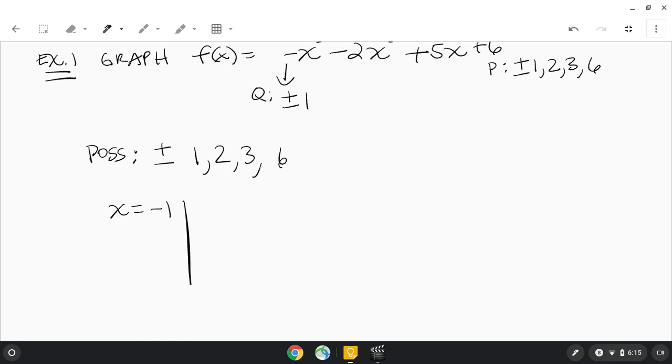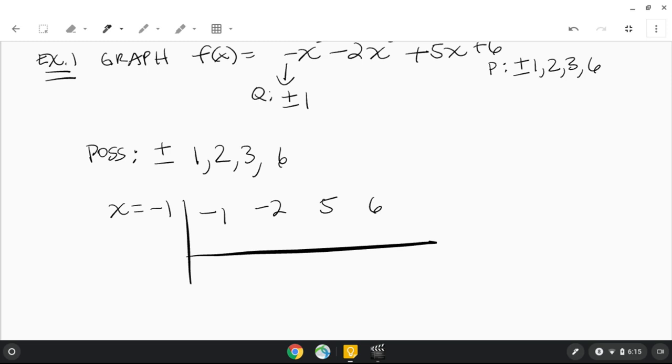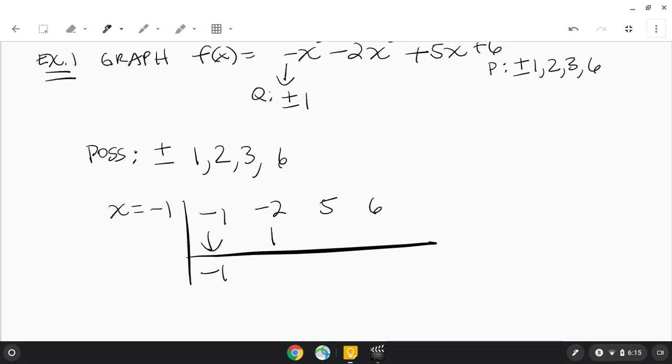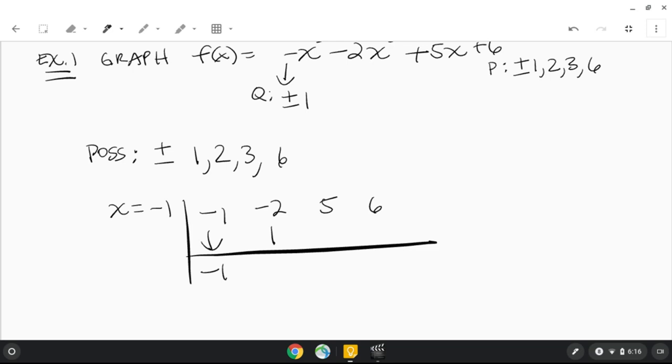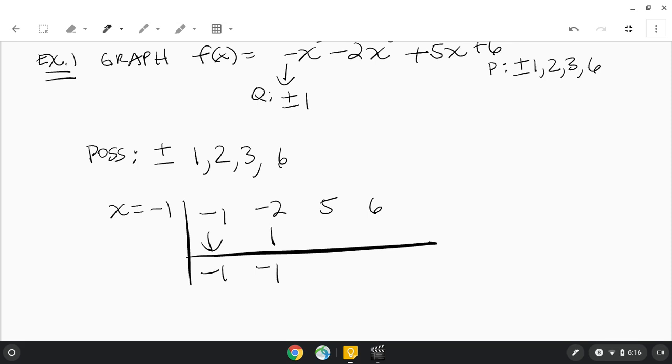Okay, and our polynomial is -1, -2, +5, +6. Let's bring down that -1. -1 times -1 is 1. -2 plus 1 is -1. -1 times -1 is 1. 5 plus 1 is 6. 6 times -1 is -6.